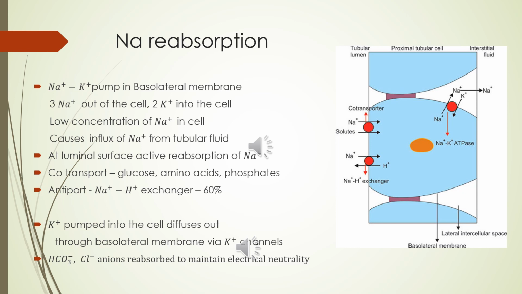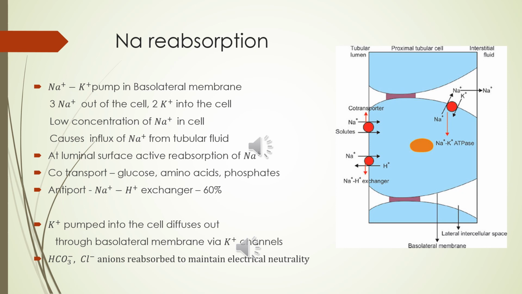The reabsorption of sodium in the proximal tubule generates the major driving force for the reabsorption of water and other solutes in that segment. So by the constant activity of sodium potassium ATPase, 3 sodium ions will be pumped out of the cell and 2 potassium ions will be pumped into the cell through the sodium potassium pump in the basolateral membrane.